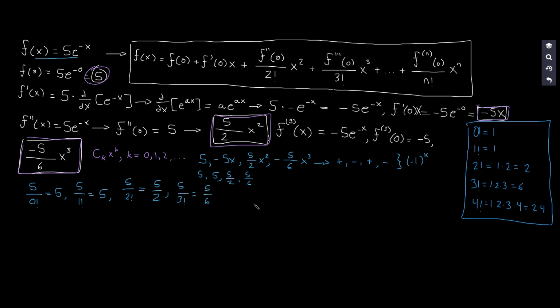So there's a certain kind of pattern with these coefficients, because we have our coefficient 5, and then it's put over different factorials.